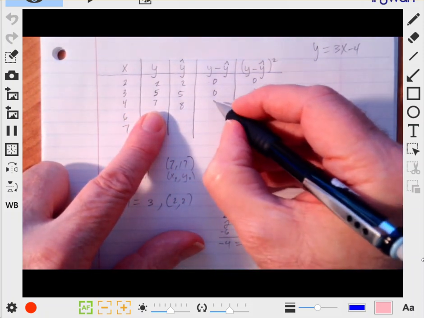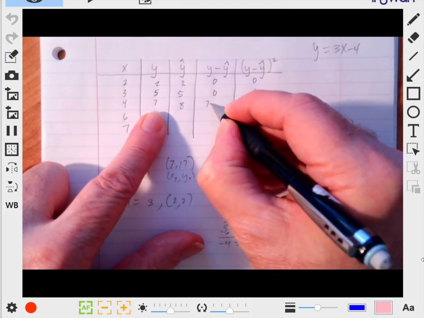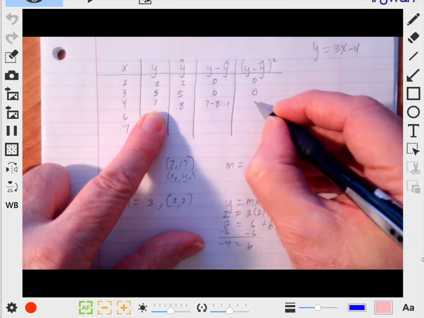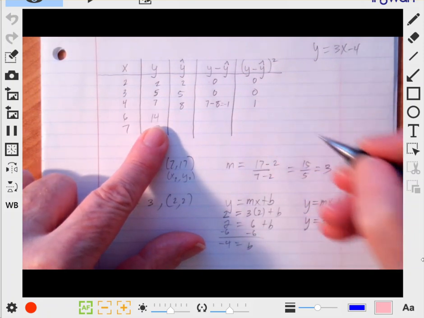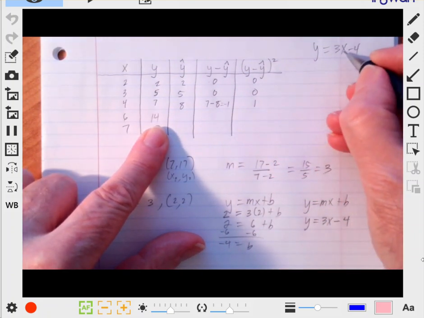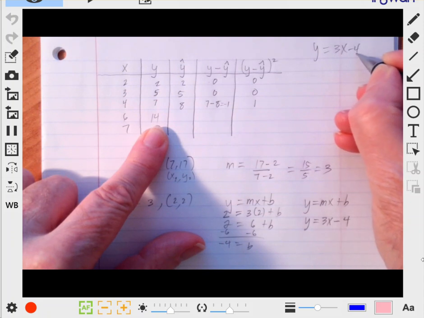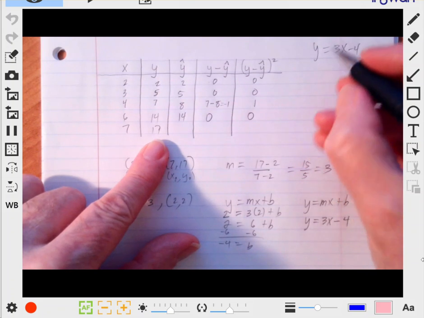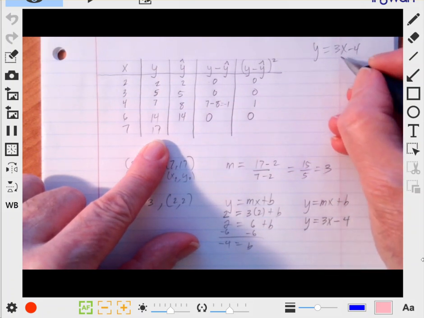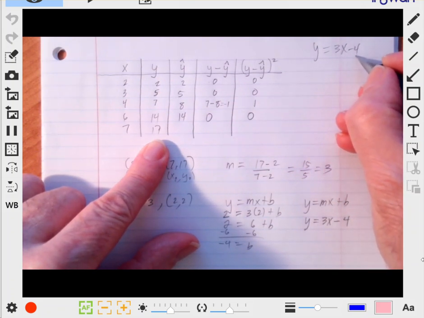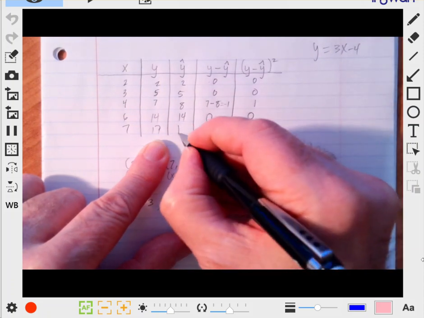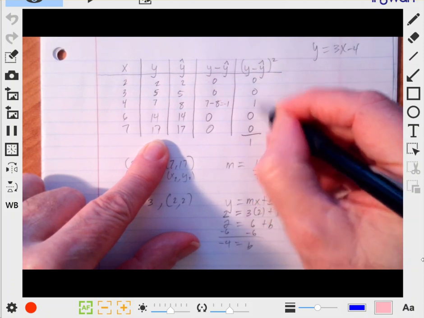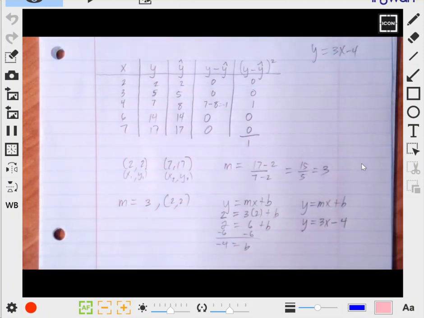So notice if you take 7 minus 8, which is negative 1, and we square that, we're going to get 1. And then if we plug in 6, we're going to get 18 minus 4, which is 14, so 0 here. And if we plug in 7, 21 minus 4 is 17, so again we'll get 0. So our residuals squared add up to just 1.